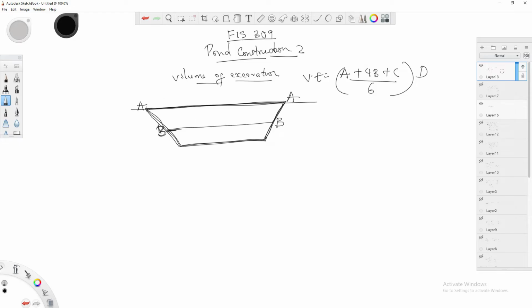If this is the ground level, then the surface area is this point A to A, the mid level is this point B to B, and the base is this point C to C. So this is the base, this is the mid level, and this is the topmost surface.